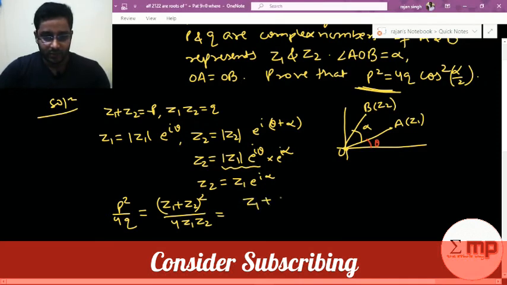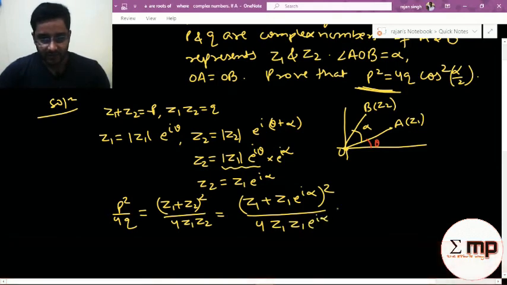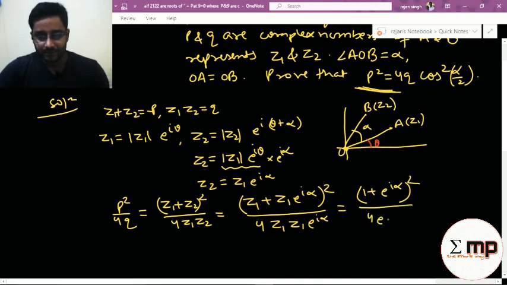Leave the z1 and put the value of z2: 4 z1 and z2 is z1 e power iota alpha. From the numerator, when you take z1 common, due to whole square, z1 square will come. The denominator also has z1 square. Both will be cancelled. So we are seeing (1 plus e to the power iota alpha) whole square divided by 4 e to the power iota alpha. You solve this thing, you will get the answer.